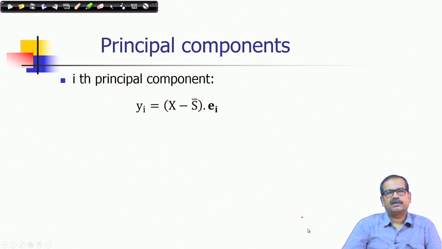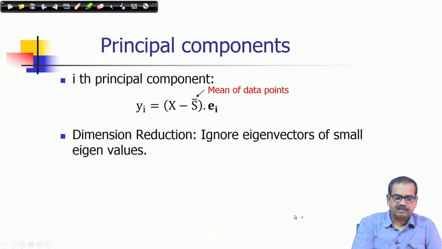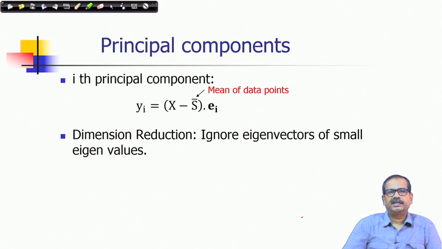So, the ith principal component is defined as the projection along the eigenvector, centered at S bar, the mean of the data points. We can mathematically write it as (x minus S bar) dot Ei. So, the dimension reduction could be done this way: we can ignore eigenvectors of small eigenvalues.